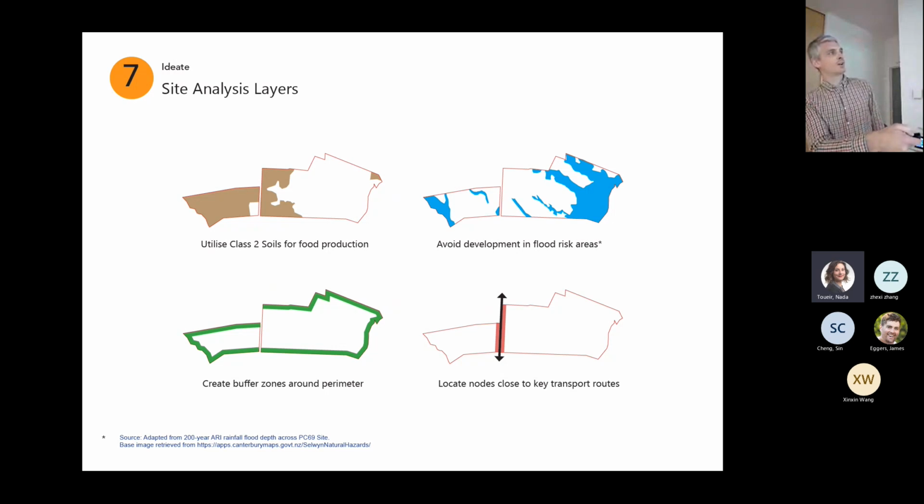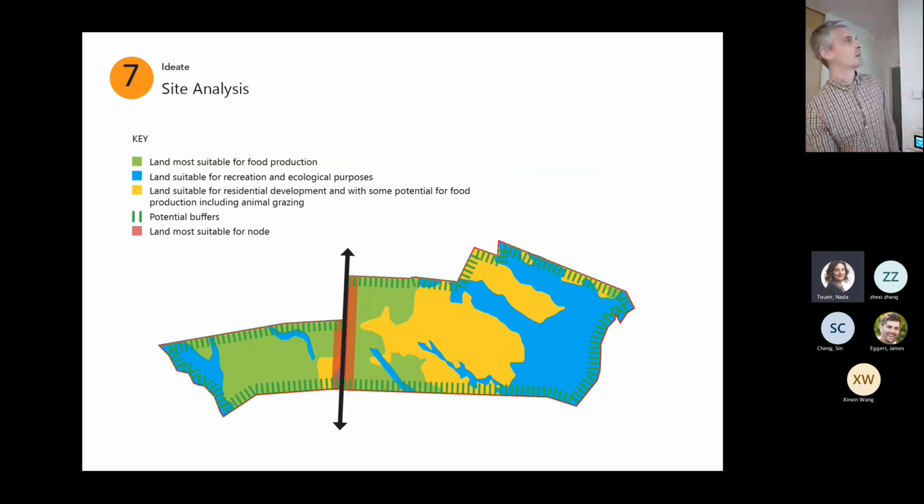So the reverse sensitivity factor of some of these developments not wanting more agricultural activities or also other developments next to them. And also locating nodes close to transport routes, which gives us this yellow area, which is probably the most suitable for residential development, and the green is the most suitable for food production.